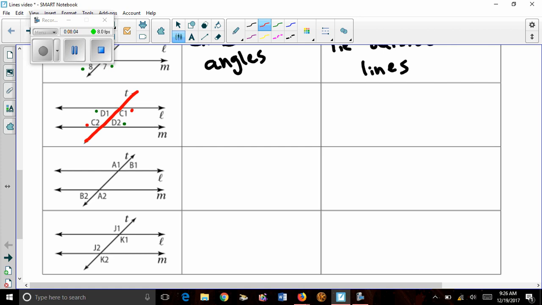Since those green dots for D1 and D2 are on different sides, or what we could call alternate sides, these are alternate interior angles.